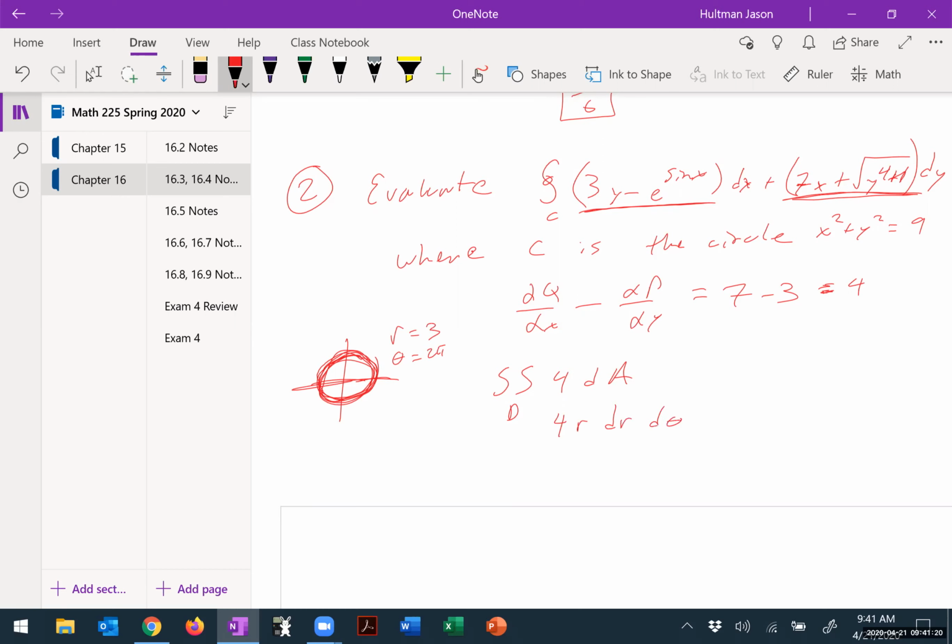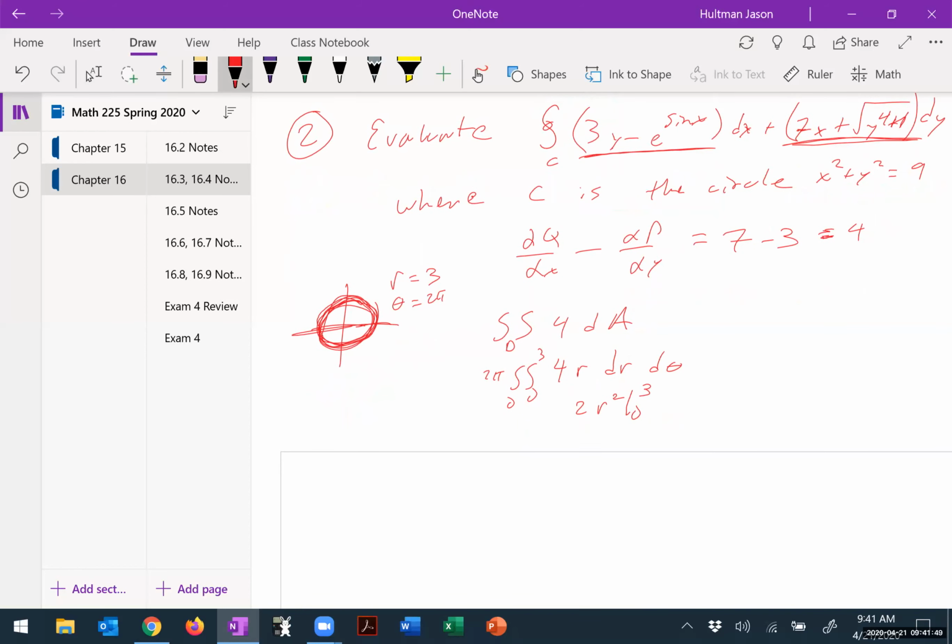I'm going to do my 4r dr d theta. Remember, it's laughing at you: r dr, hardy har. So 4r dr d theta from 0 to 3 and 0 to 2 pi. This becomes 2r squared evaluated from 0 to 3.